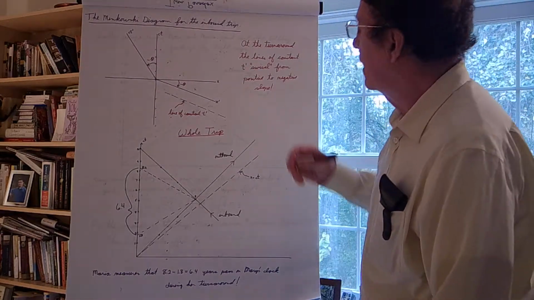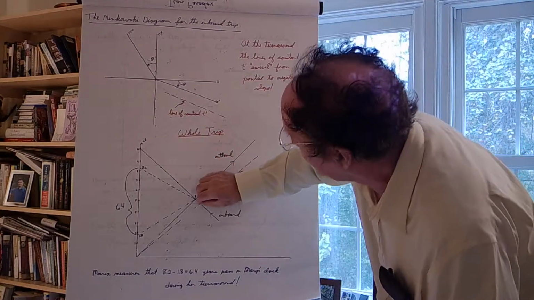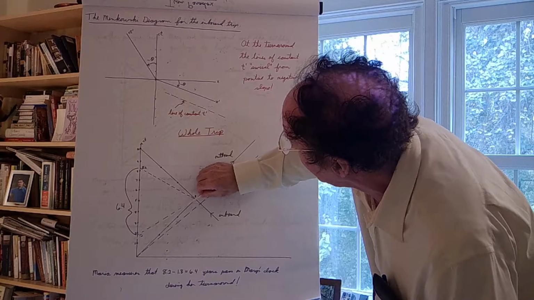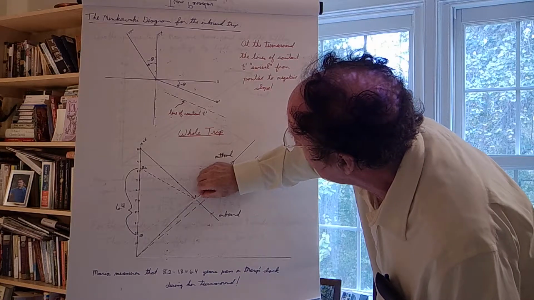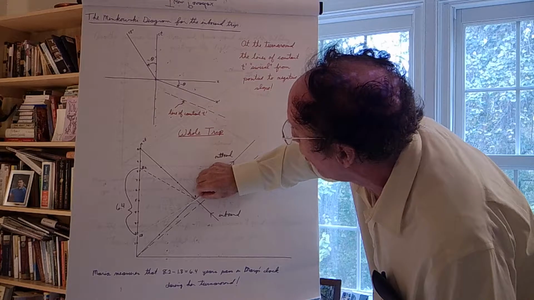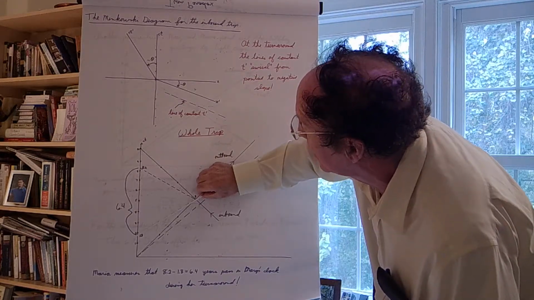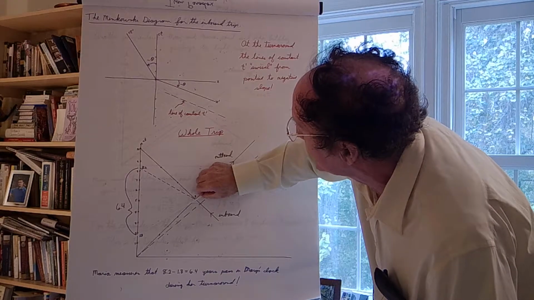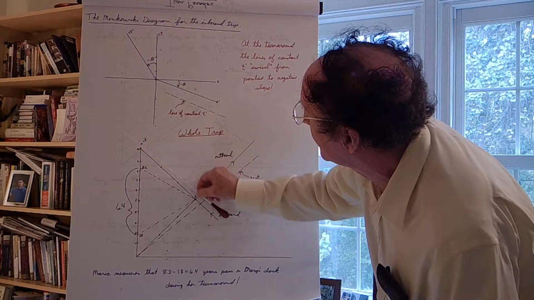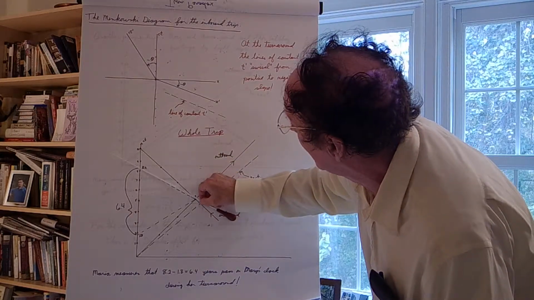So therefore, I can now draw the whole trip. Here's the first part of the trip, and I've indicated that Maria, when she reaches the midpoint, sees that Mary is 1.8 years old on her clocks, on the lines of constant T prime. Now she does the turnaround, and the lines of constant T prime have flipped over to this.